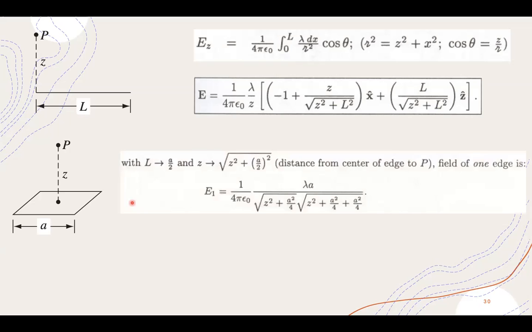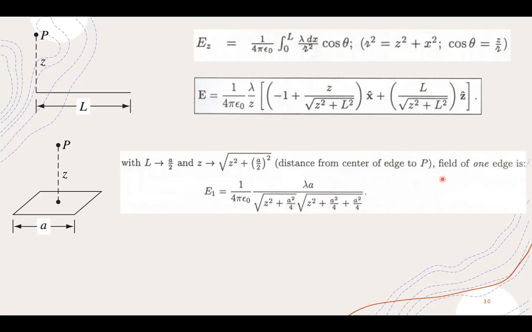And then you can also use this expression itself, and just substitute L equal to A over 2, because this is at the midpoint. So in this problem we have L, and z is obviously what you can calculate then. The distance from the center of the edge to P is the square root of z squared plus (a over 2) squared.